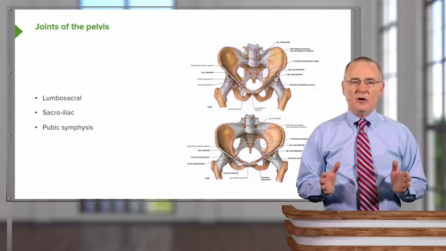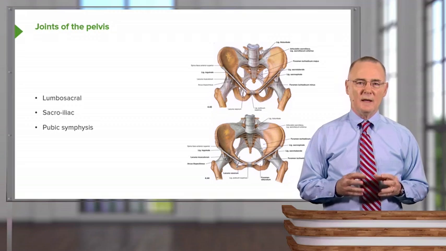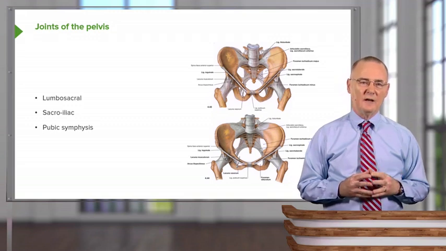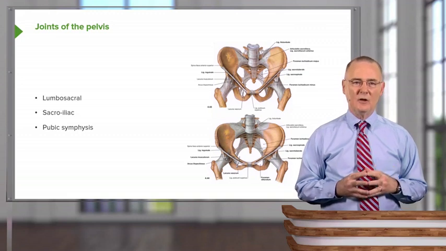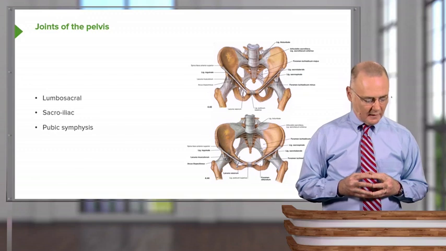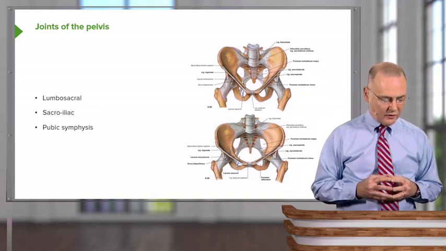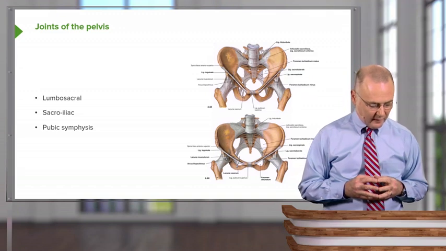Now we'll shift our focus to the joints of the pelvis. And when we think about the pelvis and its articulations, we're going to highlight three of those. Lumbosacral articulation, a sacroiliac articulation, and the pubic symphysis. All three of those articulations are demonstrated in the two slides that we see here.